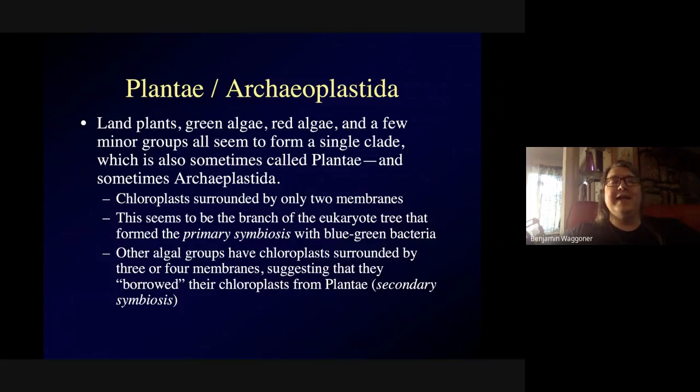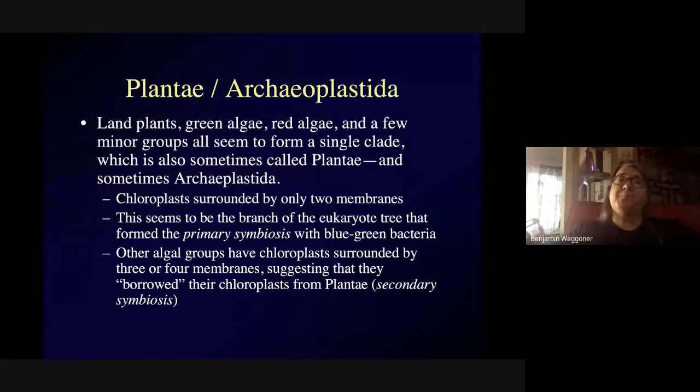And what we think is that the ancestor of this group, the Archaeoplastida, is the only major branch that formed a primary symbiosis with blue-green bacteria. This is the branch where an ancestor said, hey, what happens if I engulf a blue-green bacterium but don't digest it right away and just see what it does?